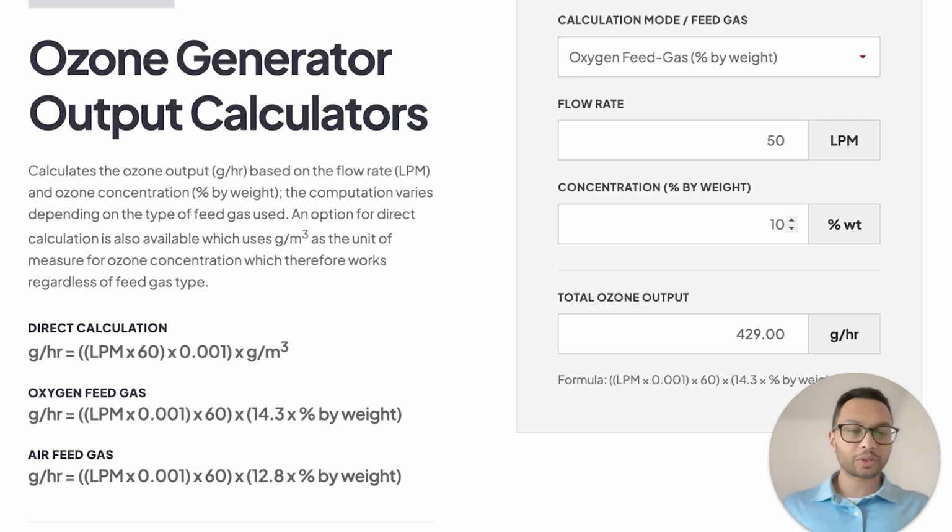Therefore, your ozone generator is going to be producing 429 grams per hour of ozone. This helps with understanding: I have this flow of oxygen, this is my percentage of ozone, and I'm making about this many grams per hour. You can then take this and see if it's going to work for your application based off the first calculator that we did.